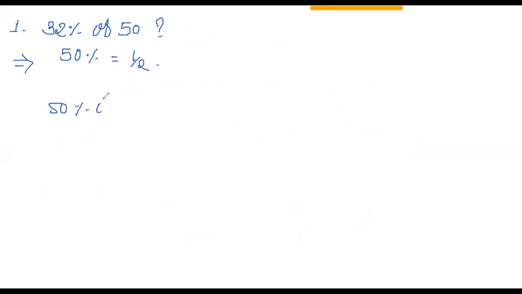Calculate 32% of 50. What is the value? 50% means 1 upon 2, so 50% of 32 is 1 by 2 into 32, which gives 16.